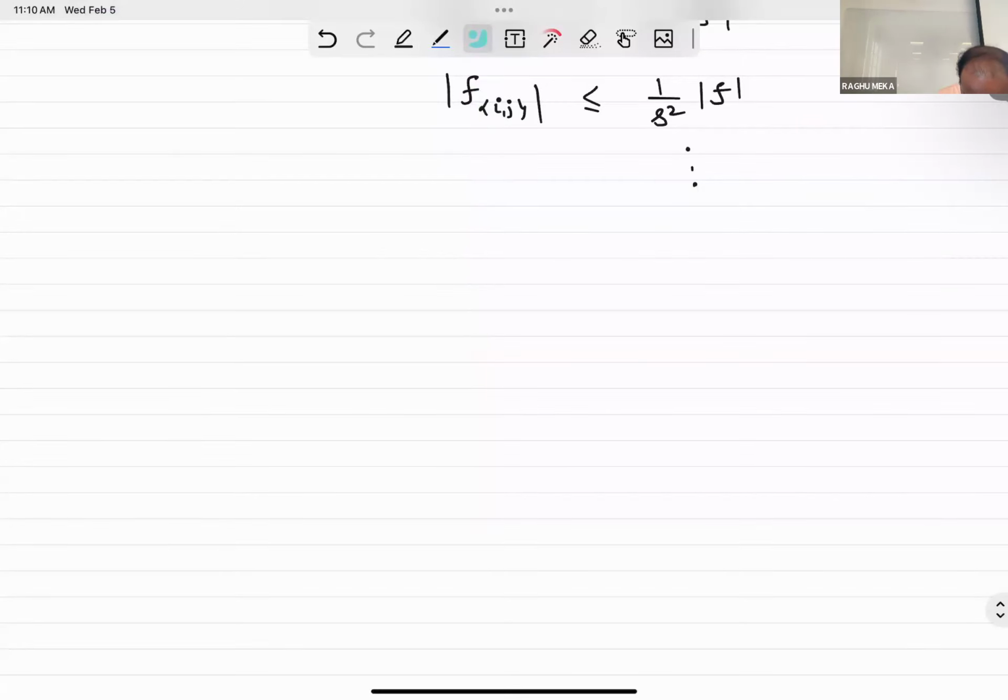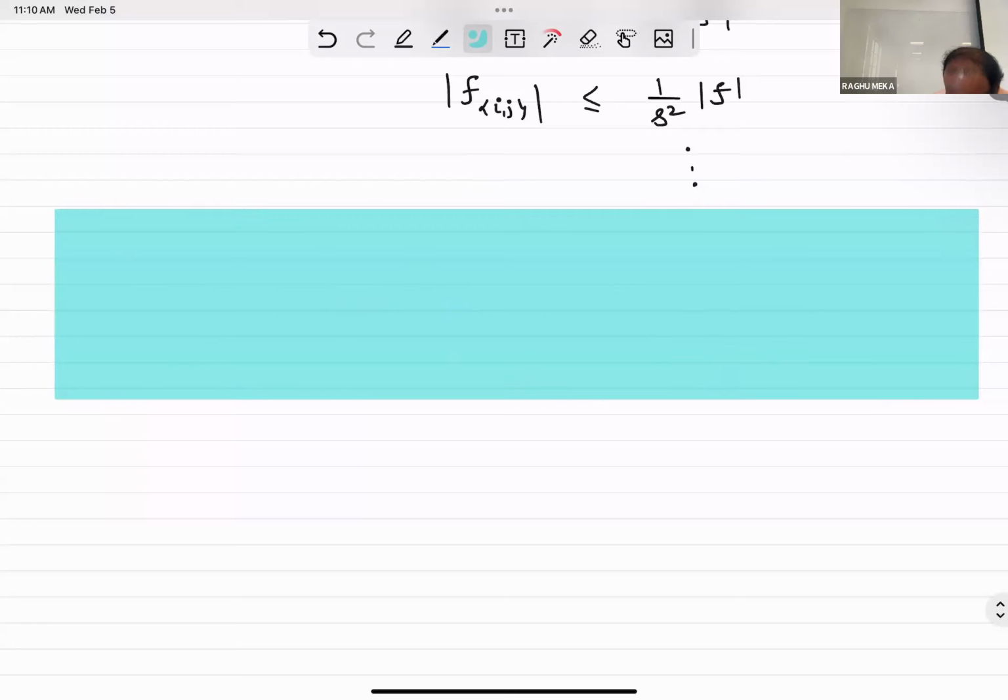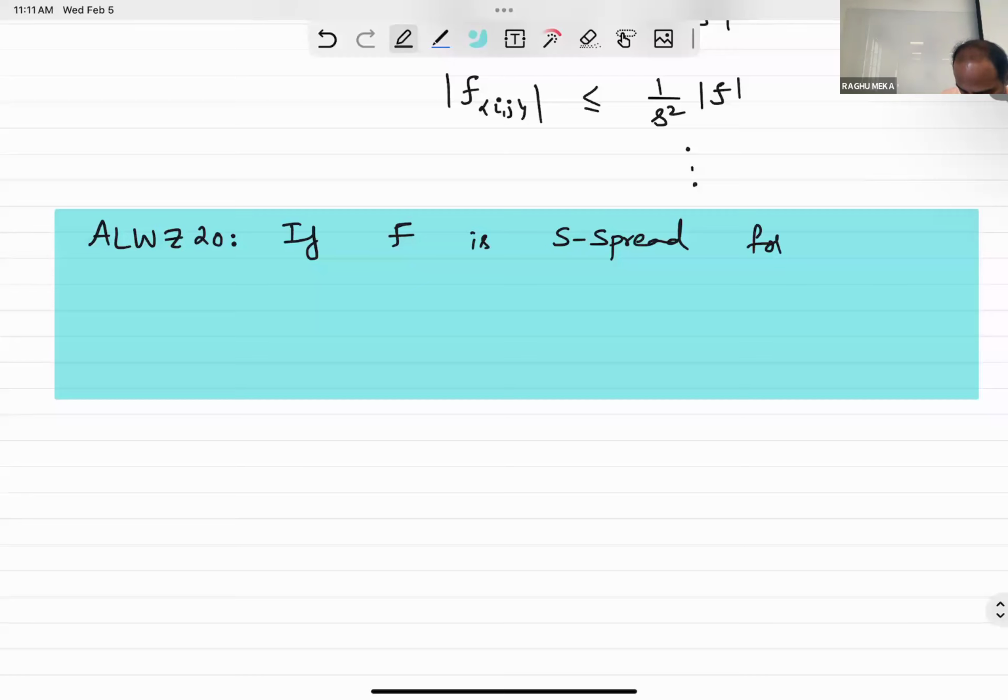And the main theorem that was shown in this paper, LWZ20, and this notion of spreadness has found many applications since, is the following. The exact quantitative thing is not too important, so don't worry about that for the time being.